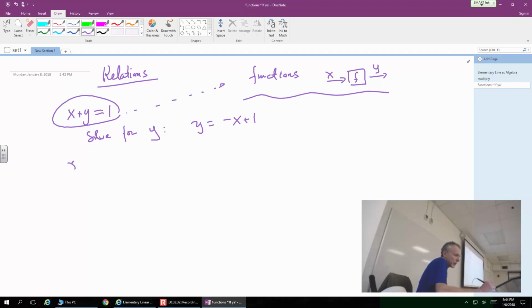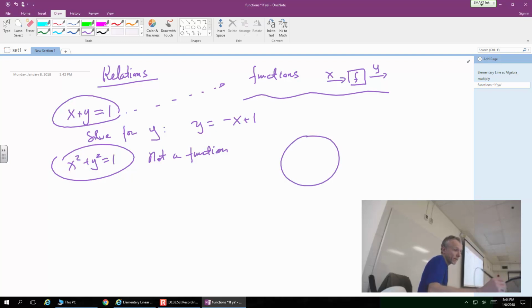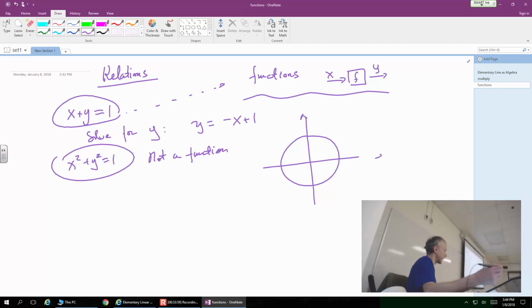But you might remember this. Once again, stepping outside of linearity and linear algebra. What is this? It's a circle, and is it a function? Not a function, because you cannot express y in terms of x uniquely, nor vice versa.